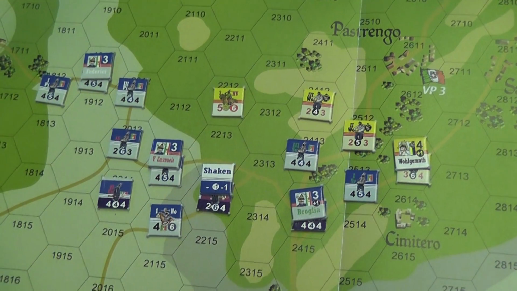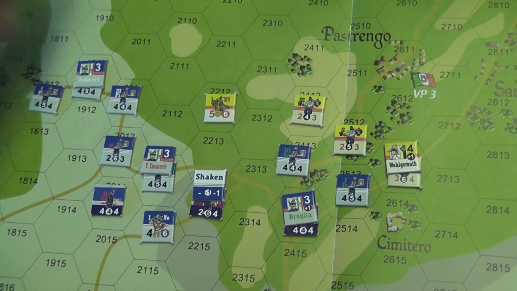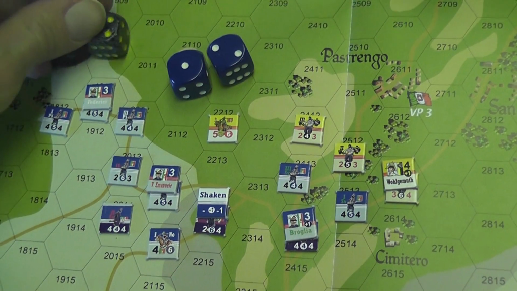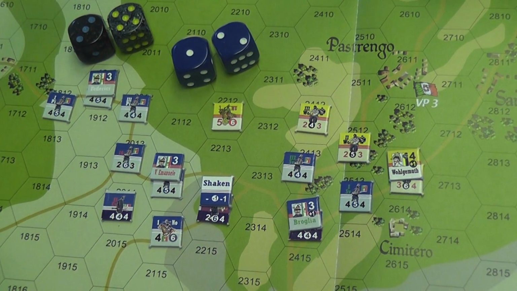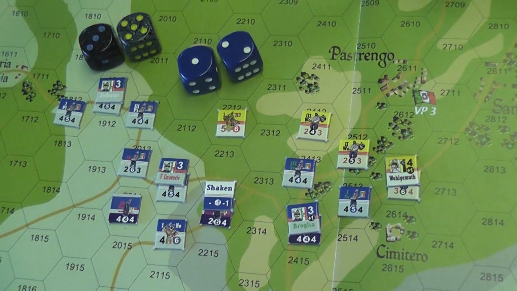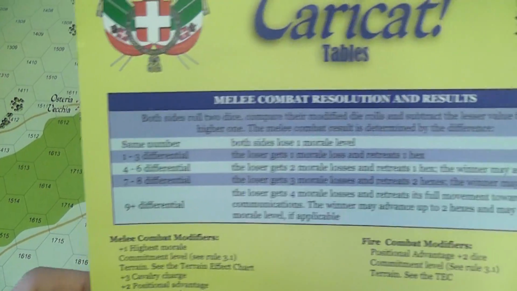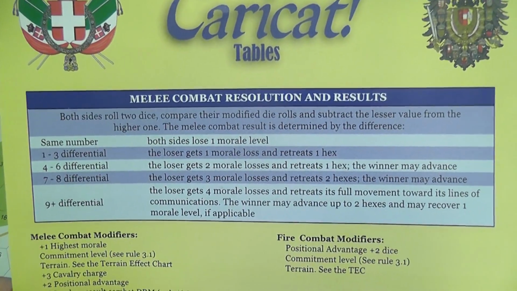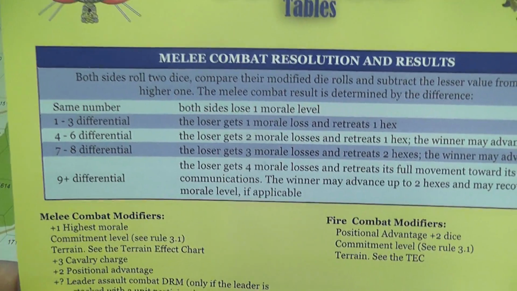As for melee, the way it works is that this time both sides roll 2 dice, and they add the melee values of the units involved in combat. There are other modifiers that can be added, for example, here's the list of modifiers. Then you take the higher total of the 2, subtract the lower total from that one, and you look at the differential.